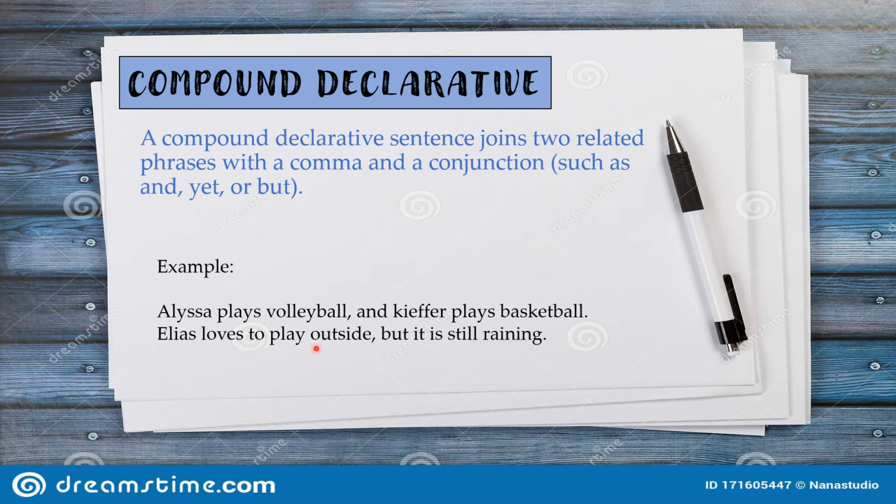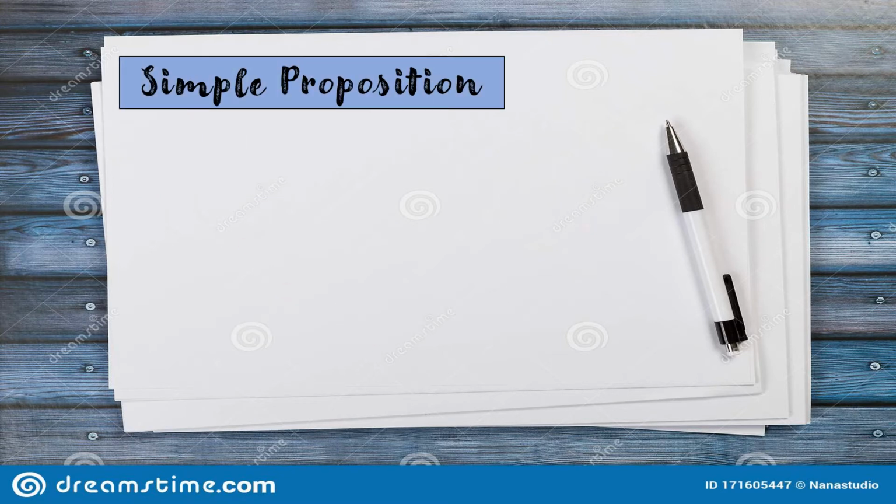Elias loves to play outside, but it is still raining. These phrases can also be united by a semicolon, which is sometimes accompanied by a transition word like besides, however, or therefore.